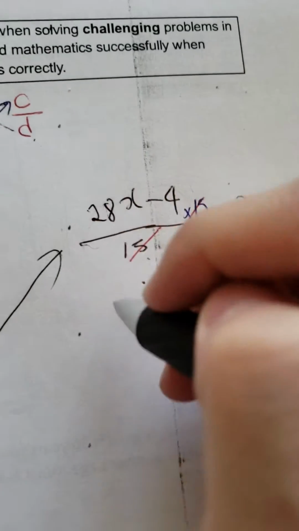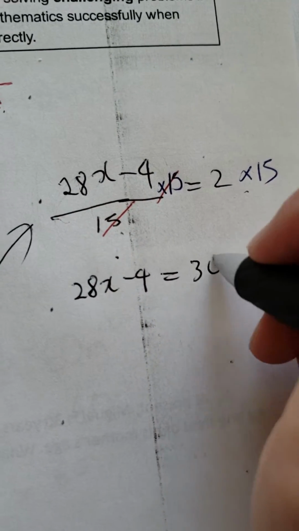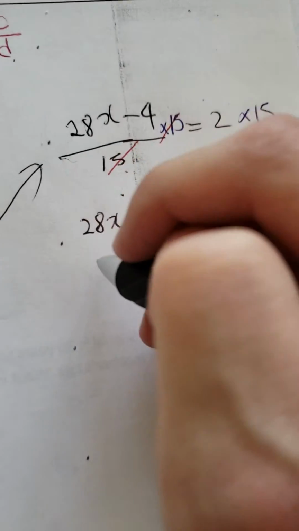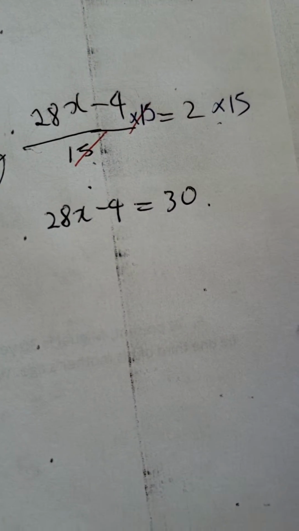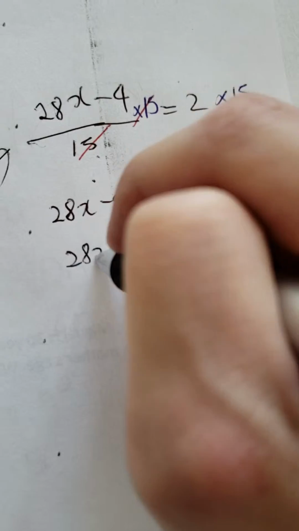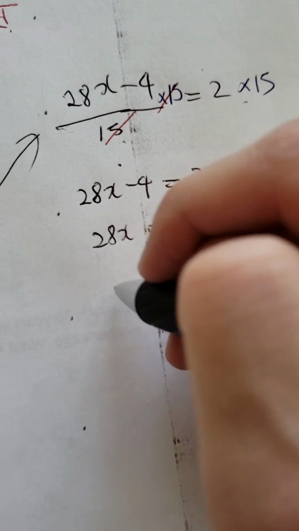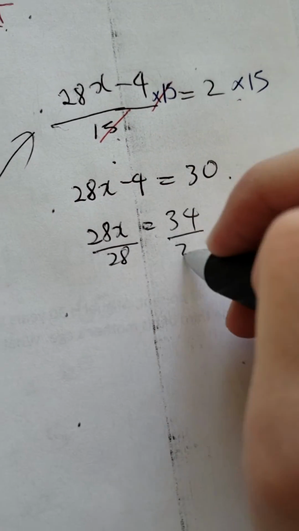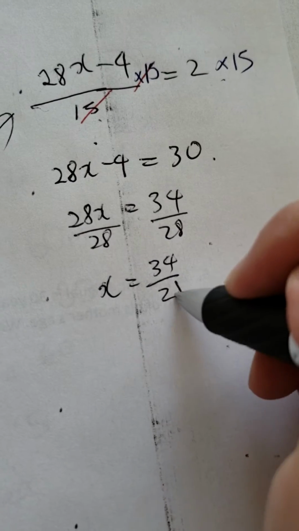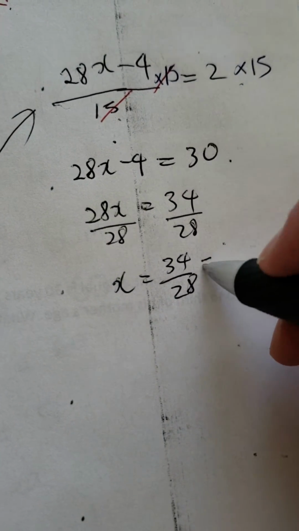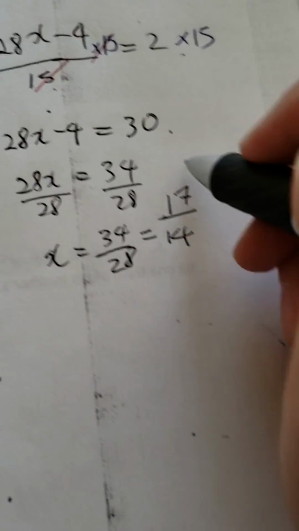I am left with 28x minus 4 equals 30. To simplify this, I'm going to add 4 on both sides and make it 28x equals 34. Then if I divide both sides by 28, I get x equals 34 over 28. If I simplify that, it's 17 over 14. All right.